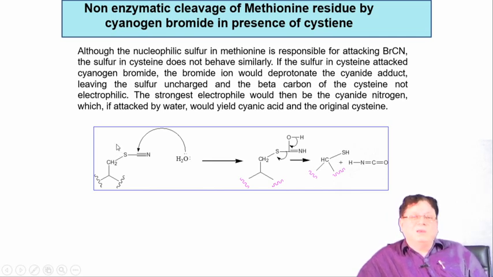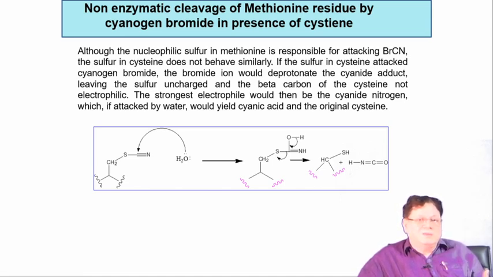The reaction also fails if there is a cysteine after methionine. You can expect a very similar type of reaction as with methionine. If there is a cysteine, what is going to happen? Will cysteine also react with cyanogen bromide and finally break the peptide bond? No, it does not. The cysteine will definitely react, it is SH, it reacts with the cyanogen bromide, and so it forms SCN and the bromide ion leaves.